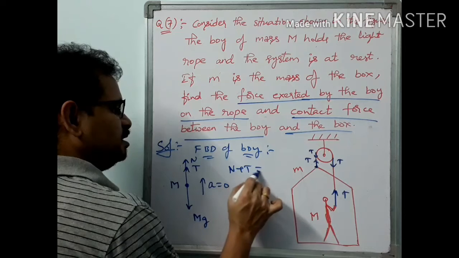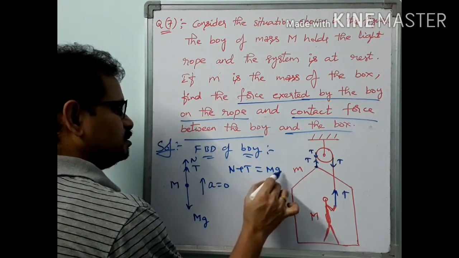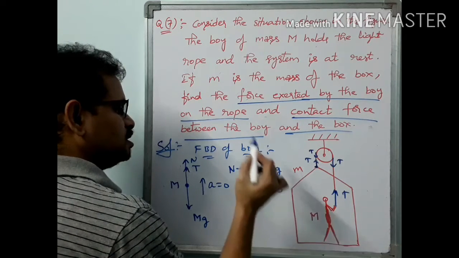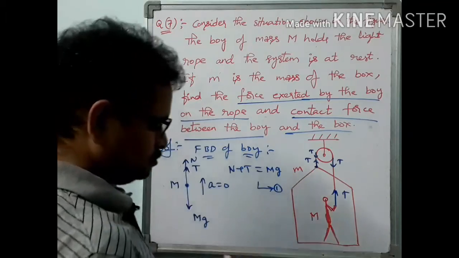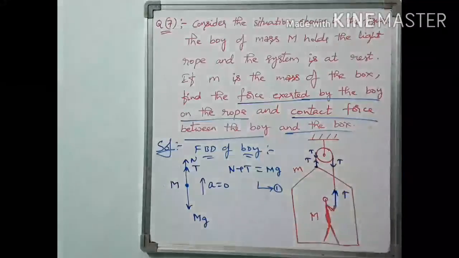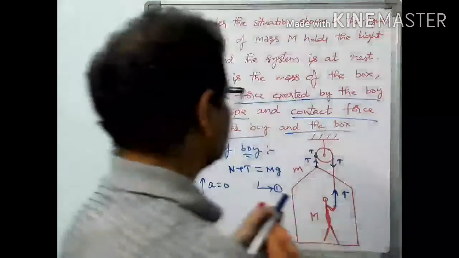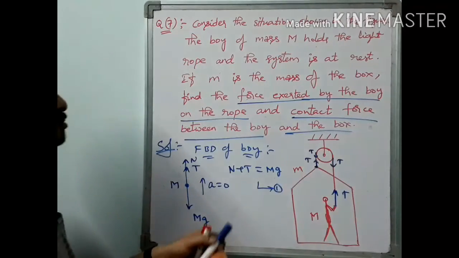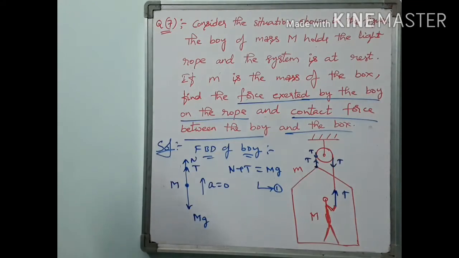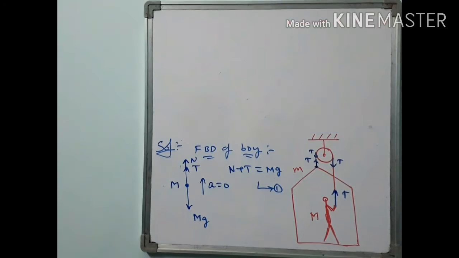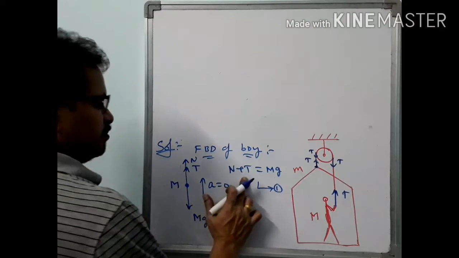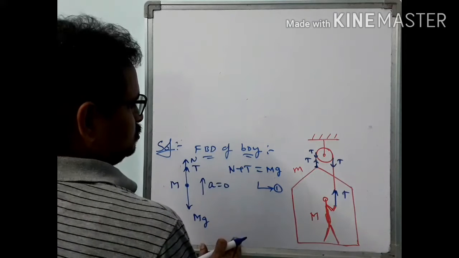N plus T equal to mg. This is equation 1. So we got one equation, N plus T equal to mg.